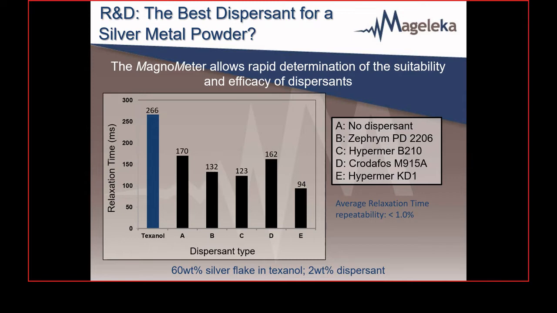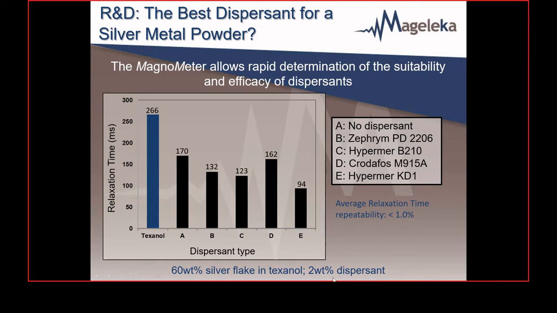Now, the shortest relaxation time, reflecting the largest wetted surface area, the best dispersibility, was found in the suspension prepared using the Hypomer KD1, sample E, here. The longest relaxation time, using the Crodafos M915A, performs only marginally better than a suspension prepared without any dispersant at all, type A.